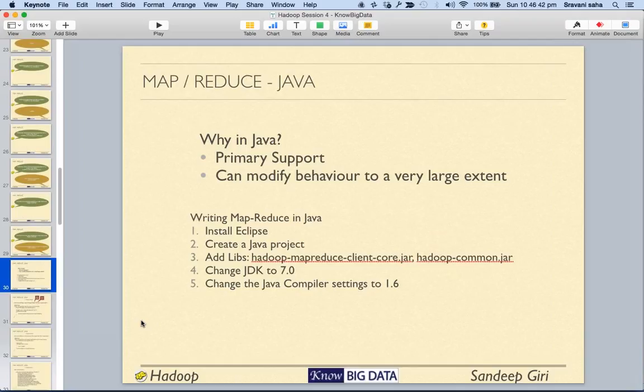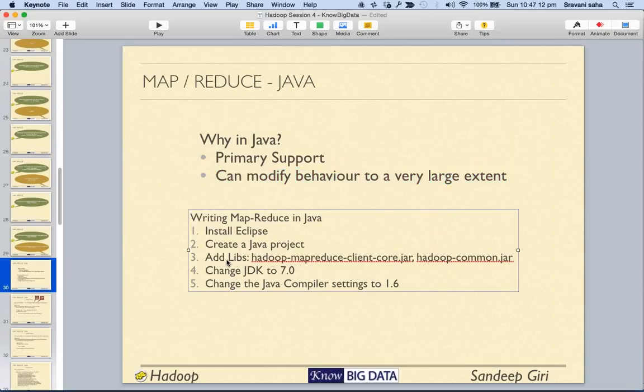Second, there is primary support in Hadoop, therefore it is generally a little bit faster to get your work done in Java. But the main reason is this: we can customize the behavior of Hadoop to a very large extent using Java.